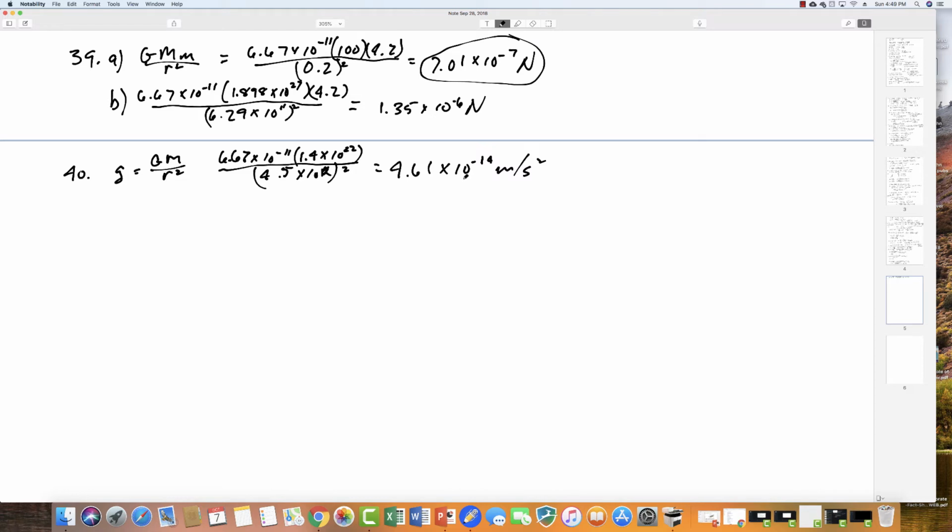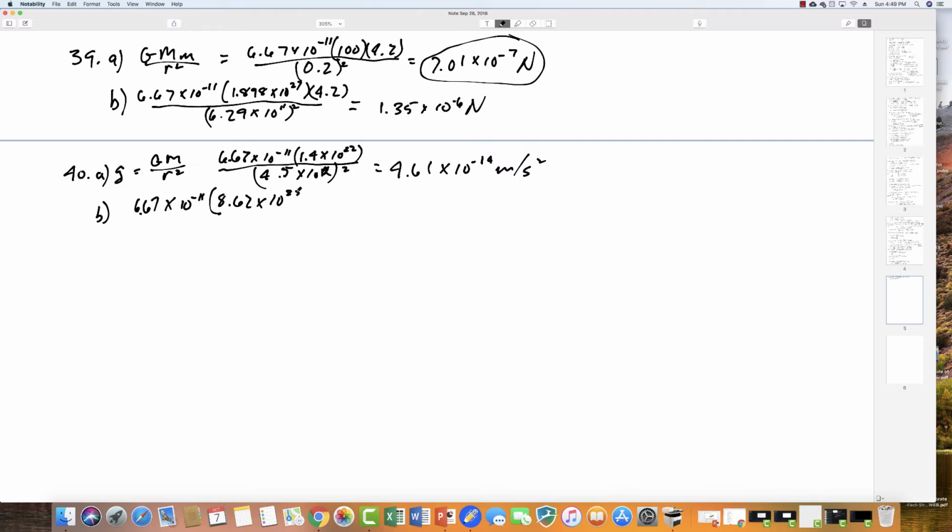The second question is calculate the acceleration due to gravity at Neptune due to Uranus, which is the next closest planet. And it's the same calculation, except now we're going to put in the mass of Uranus. So it's 6.67 times 10 to the minus 11 times the mass of Uranus, which is 8.62 times 10 to the 25.